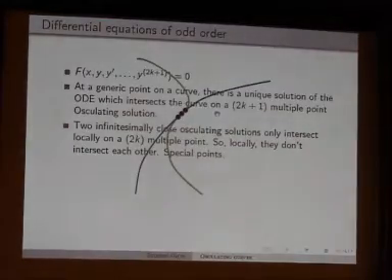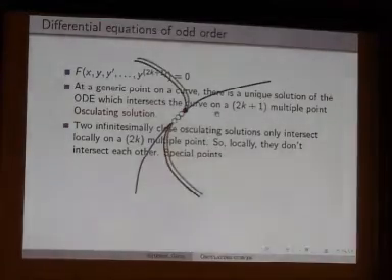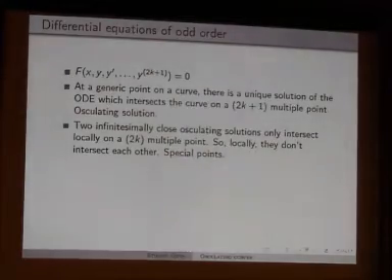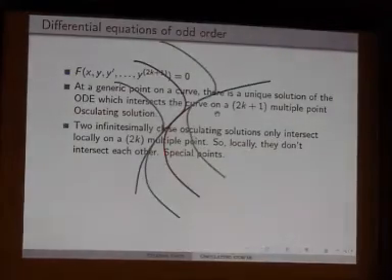You have one oscillating solution in green, intersecting on 3 points, and so to speak, the next one intersects on 3 points, just slightly further on the curve. So the 2 intersect on 2k points, which means that locally they don't intersect, because 2k is an even number. And you have this local picture.